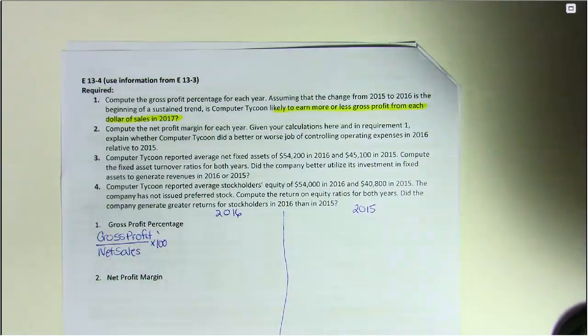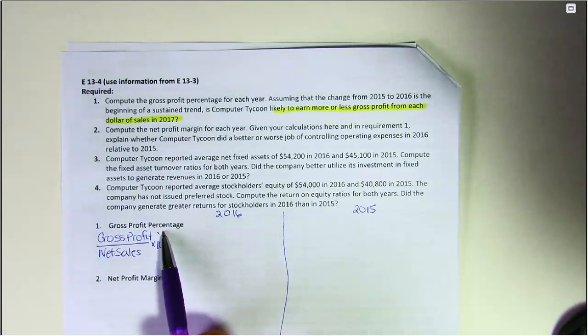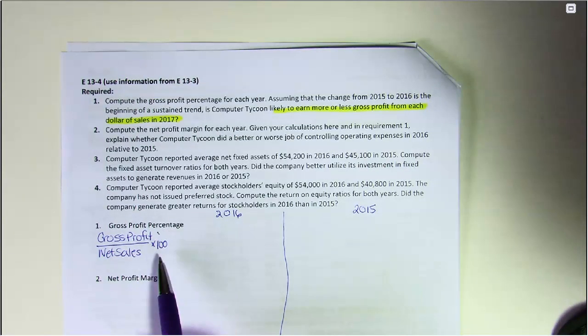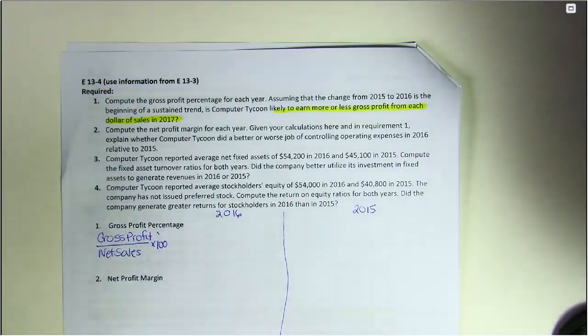Be very careful about that. Read carefully. And if they show a percent sign, they want the answer in a percent, so you've got to multiply by 100. But not all ratios that you're asked to calculate are asked to be expressed as a percent. For example, fixed asset turnover is reported as a decimal.